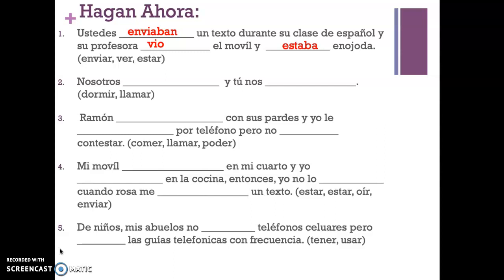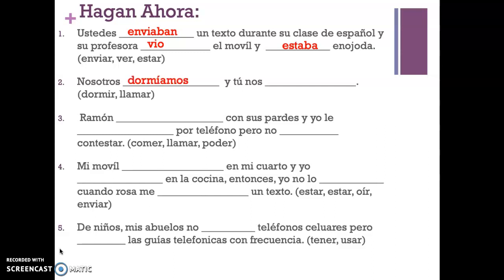All right, try number 2 on your own, and I'm going to go over it. We have nosotros dormir y tú nos llamar. We were sleeping, and you called us. Okay, you should have gotten dormíamos for the first one.